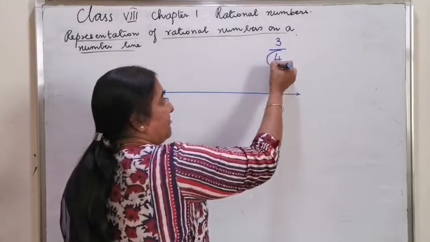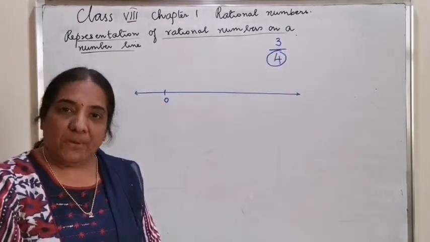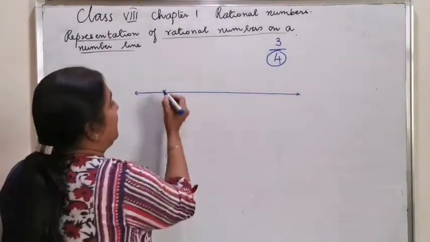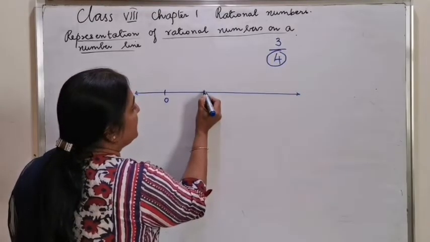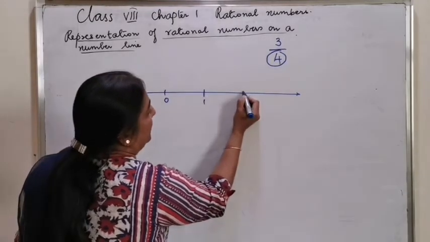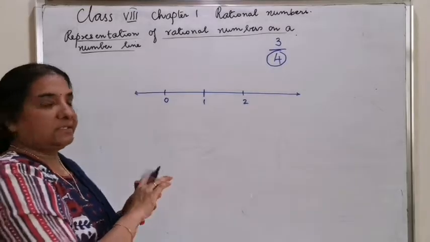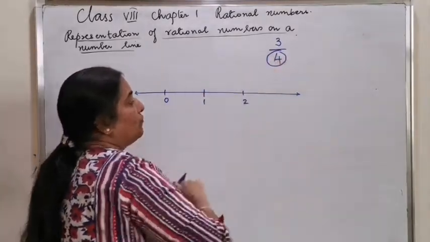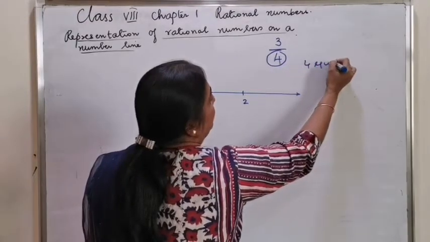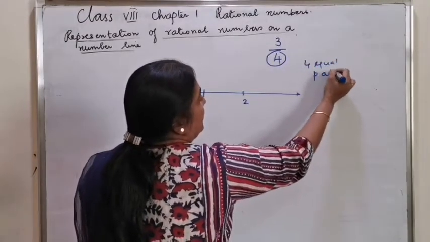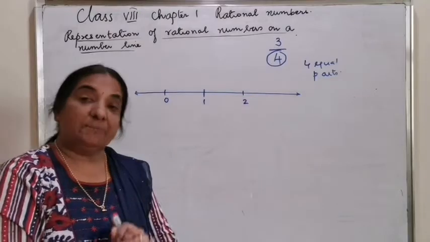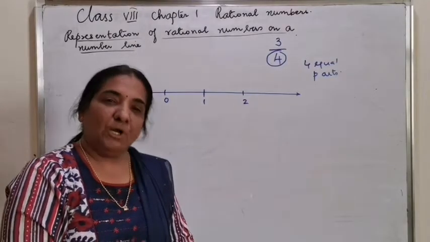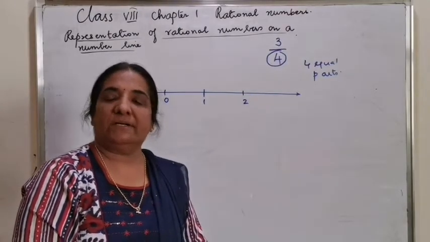That means you have to divide the part between 0 and 1 into 4 equal parts. This is the basic of plotting a rational number on a number line.